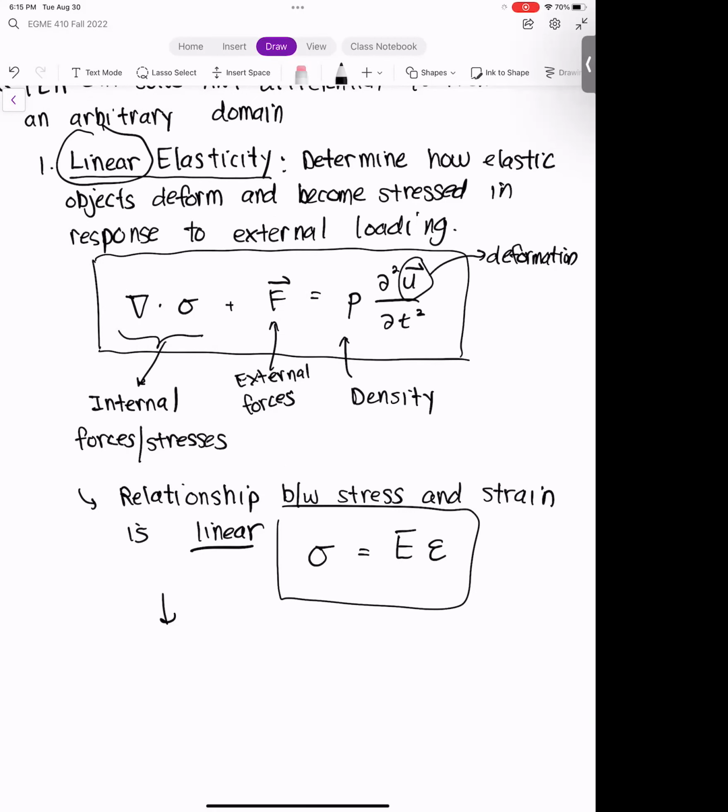And so the upshot of this, and the reason I'm telling you this, is that this linear relationship is important. It tells you that the deformations and the stresses that you observe in the material are directly proportional to the loads that you apply.